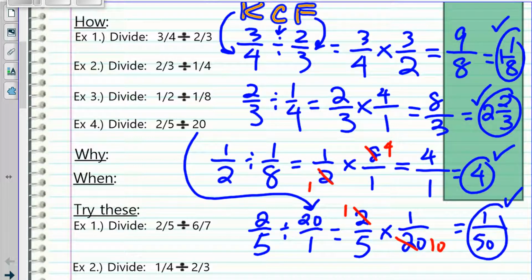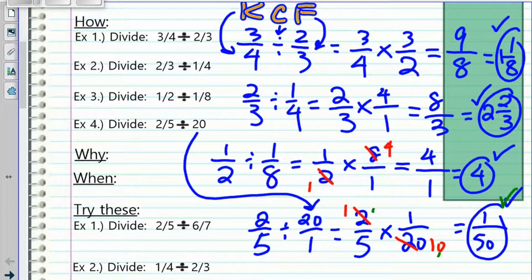When you cross cancel here and here, how do you know that you cross canceled it completely? Think about that. If you want to pause, you can, because I'm going to tell you the answer. That's right. If the answer is in simplest form, that's how you know you cross canceled completely and correctly.